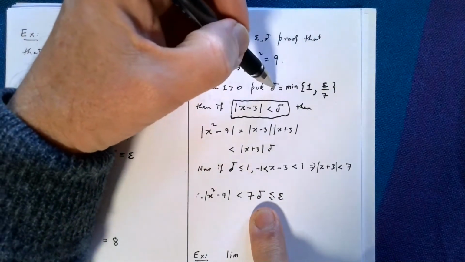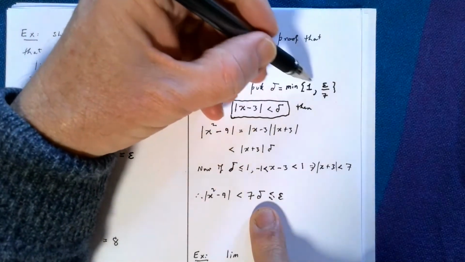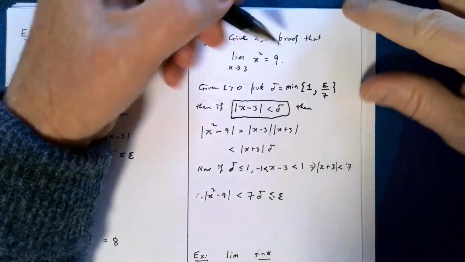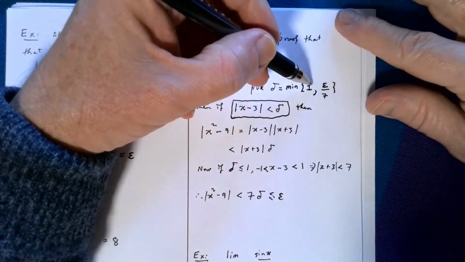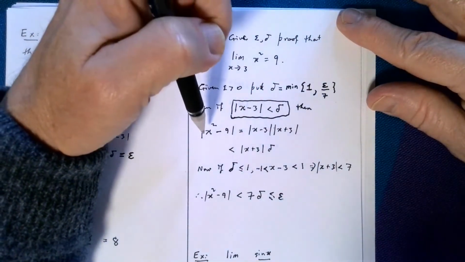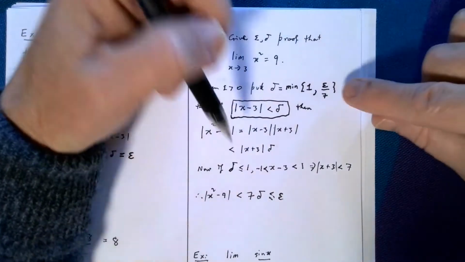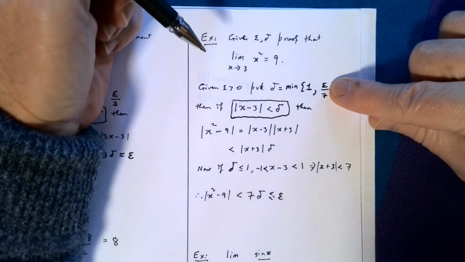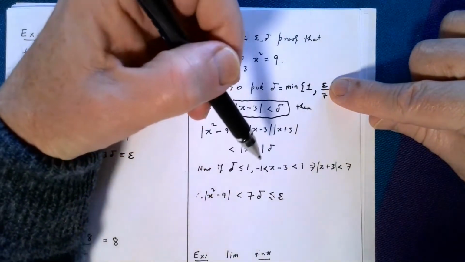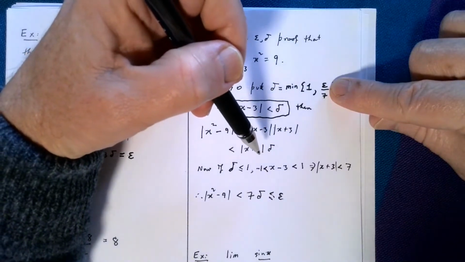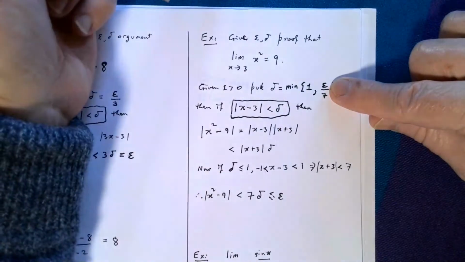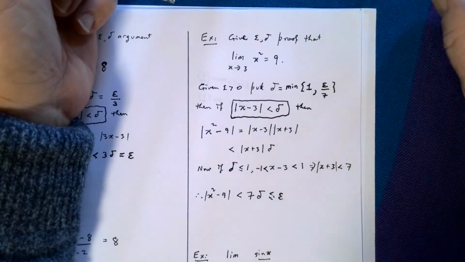And in either case, if I take the smaller of these two, as I explained last time, then delta will be less than 1 and delta will be less than epsilon over 7. And so both of these inequalities hold. And I've satisfied the definition.